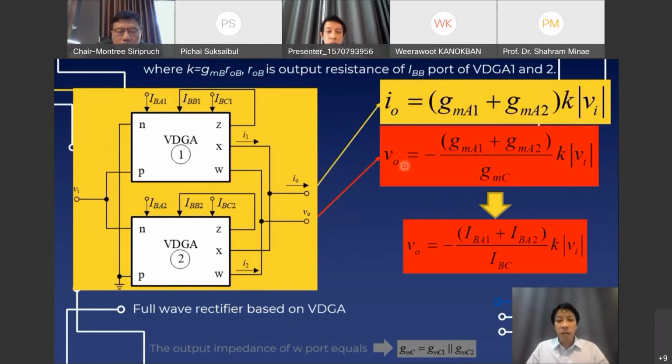The voltage output VO can also be controlled by external current sources IBA1, IBA2, and IBC. From this equation, the voltage output has no VT term, which means VO has no temperature effect.